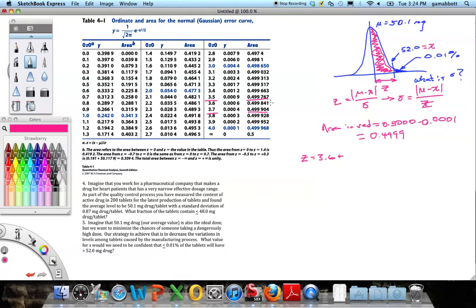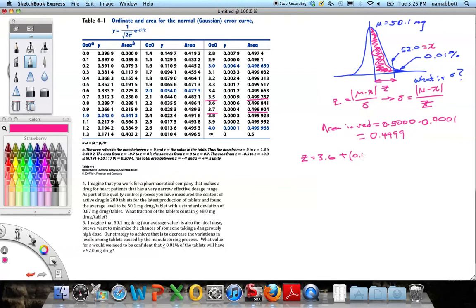The little bit will be the fraction of the interval in area that's represented by the fraction.